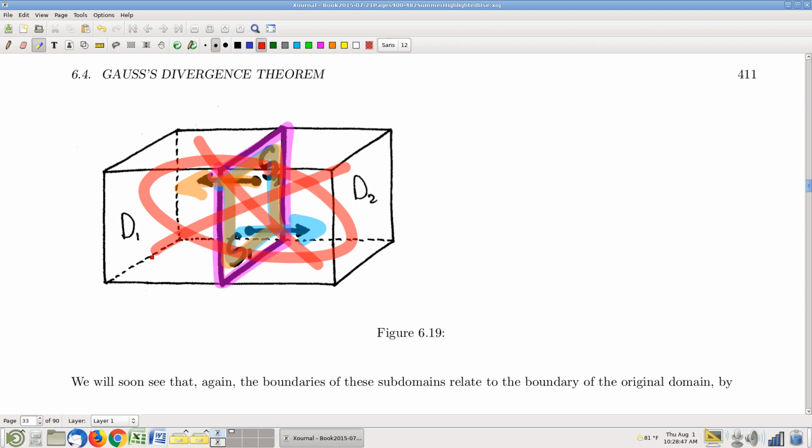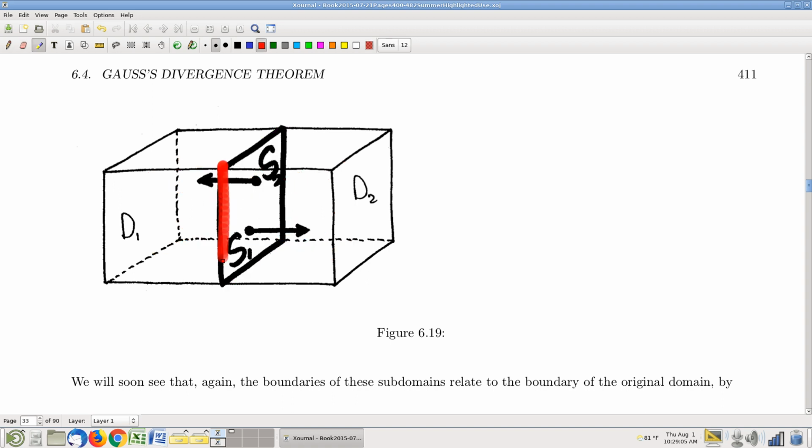It's faces instead of edges or boundary points. The orientations are normal vectors instead of tangent vectors or pluses and minuses in the other contexts. But it remains that shared faces appear twice with opposite orientations and cancel.